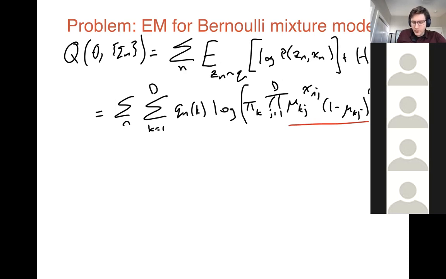And this part is our cluster probability. This comes from our categorical distribution over the different clusters.